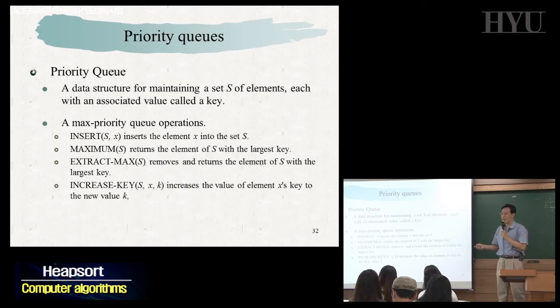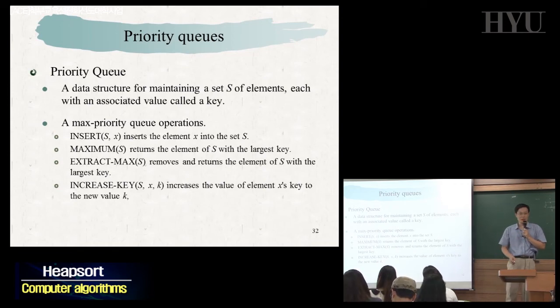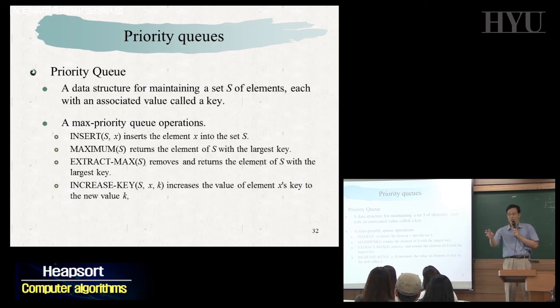And extract max. The difference between these two operations is whether you remove the maximum element or not. Extract max removes the maximum element from the queue.